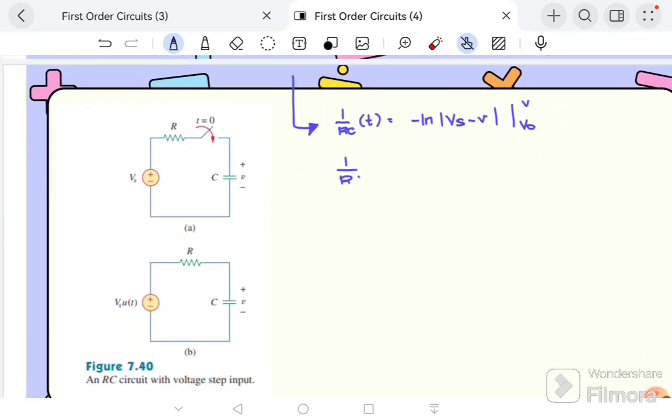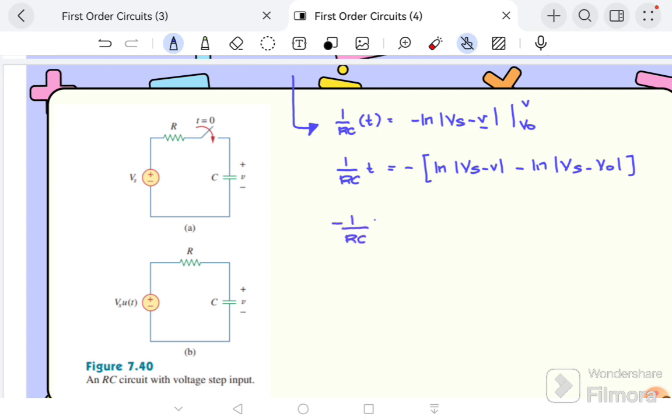So, t over RC equals negative ln (Vs minus v) minus ln (Vs minus V sub O). Okay, so we can divide everything by negative 1.